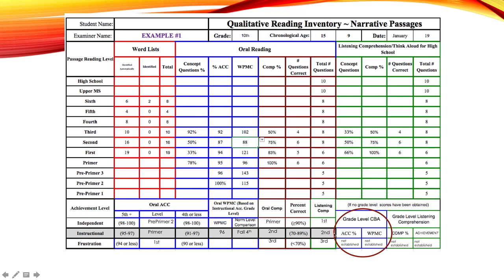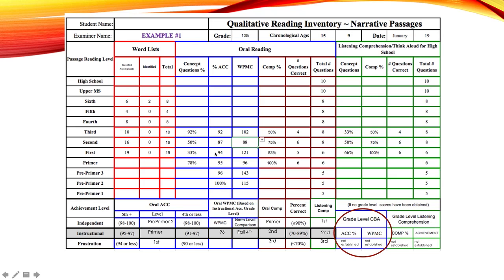Something that I want to talk about quickly is if you have a student like this student, student one, where his frustration level was so far below his grade level. In other words, he reached frustration at first grade. He was instructional at a primer.